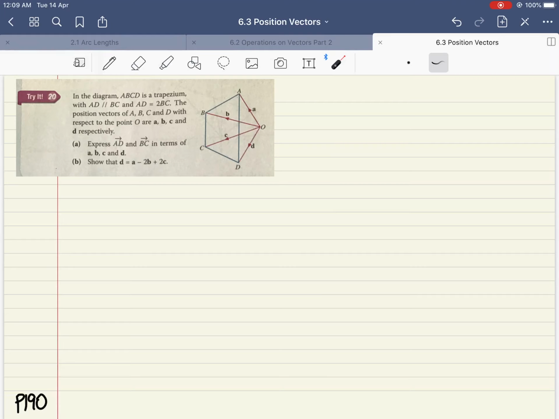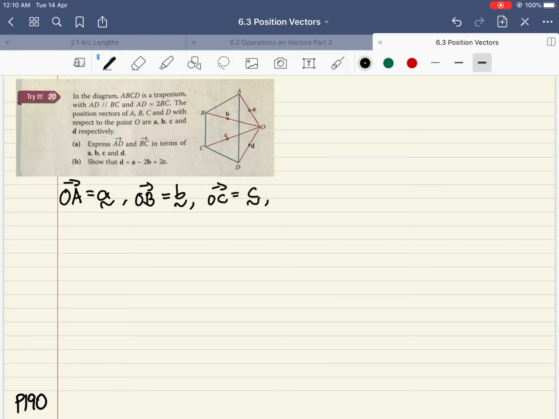We shall now look at page 190, try 20, for a better understanding of how position vectors work. First and foremost, there's OA, OB, OC, and OD. These are all expressed as position vectors. So OA is equal to the vector A, OB is equal to the vector B, OC is equal to the vector C, and OD is equal to the vector D. Simply AD, again with position vectors, will be second, which is OD, minus OA.